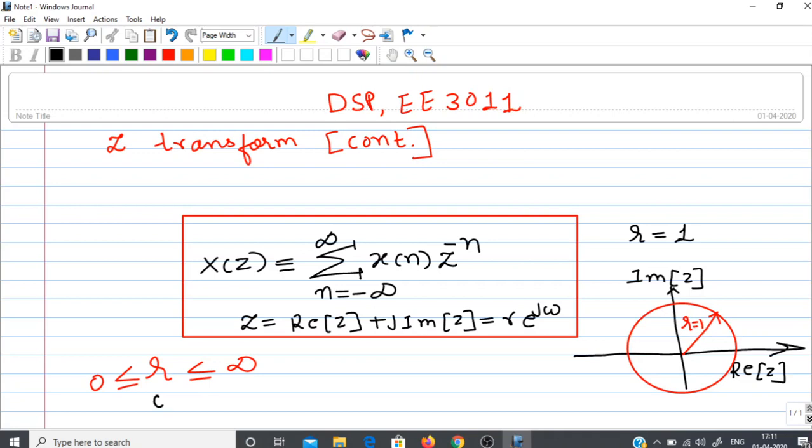So omega lies between 0 and 2 pi. This is the range of r and omega, and this is the z plane, and r equals 1 represents a circle of unit radius with center being the origin in the z plane.